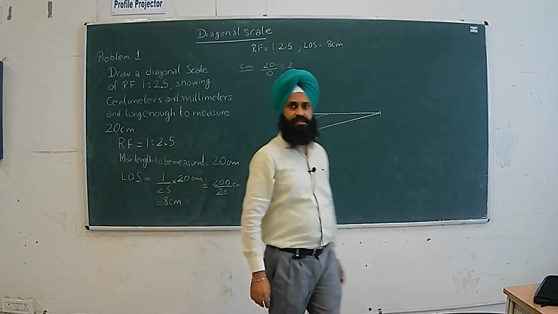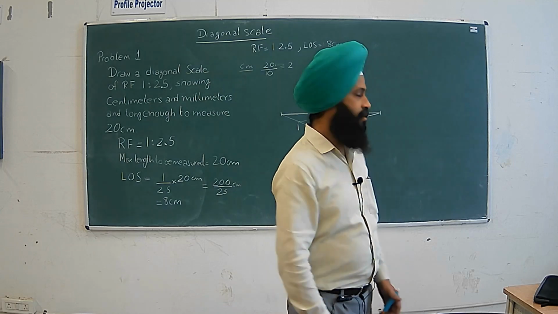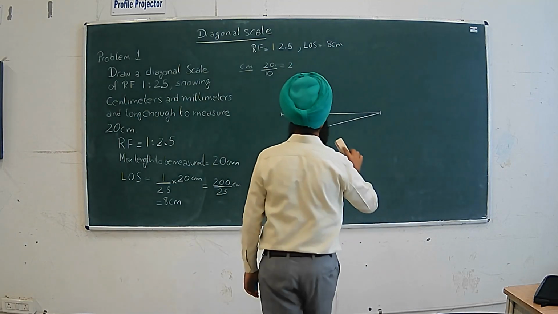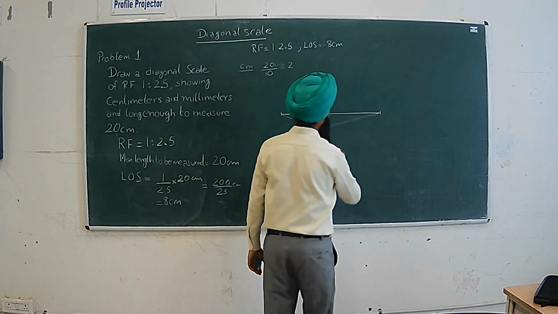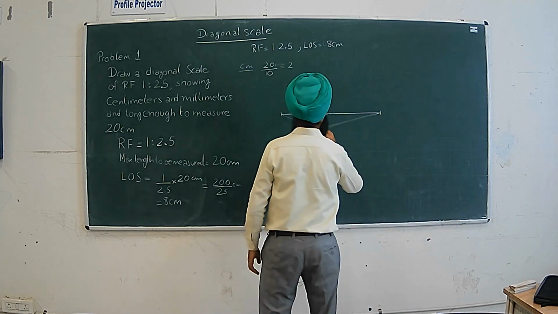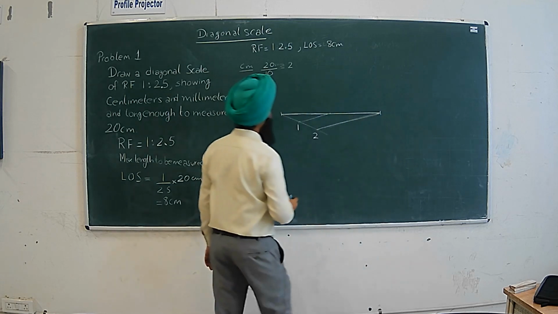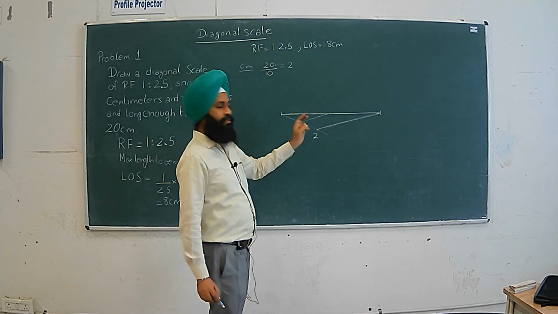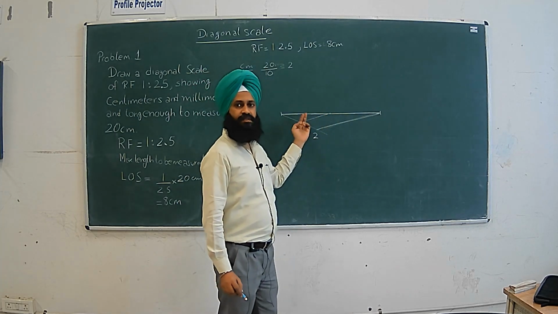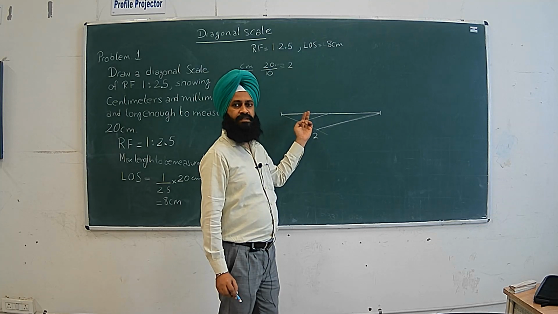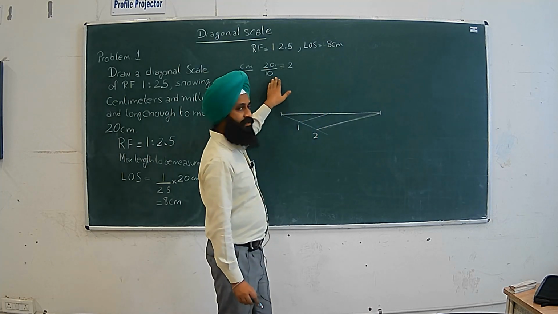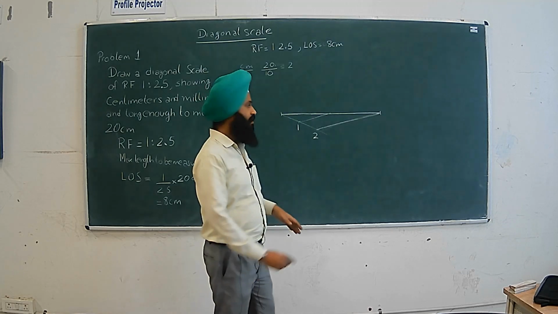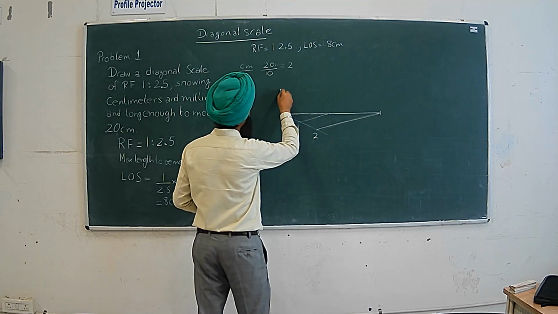Both these lines are thin lines. Mind this thing. Now this gives us two parts where each part is of 10 centimeters. So tens of the centimeter is the main unit. So the total distance was 20 centimeter, and we have divided it by the main unit, that's 10 centimeters, into two equal parts. Now we'll complete our diagonal scale box.